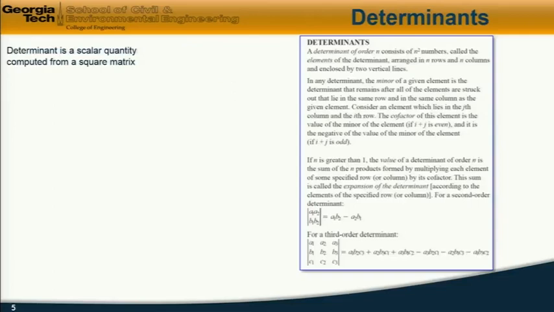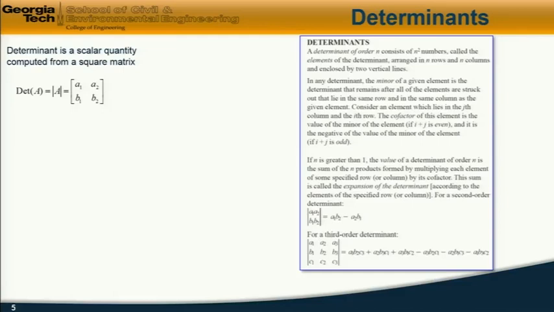Now, related to this are determinants, and a determinant is a scalar quantity which is computed from a square matrix. In other words, the number of rows and columns is the same. And the definitions and the computations from the handbook are given on the right-hand side here. So, for example, a determinant we write either this way, det of A, or A confined within 2 vertical lines.